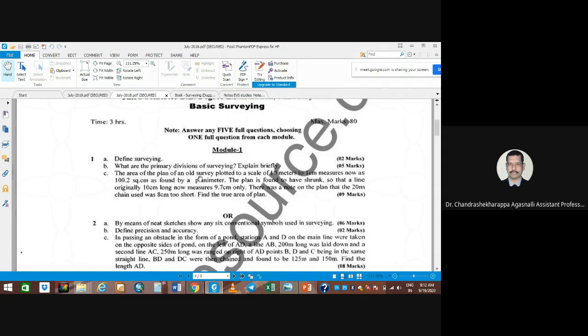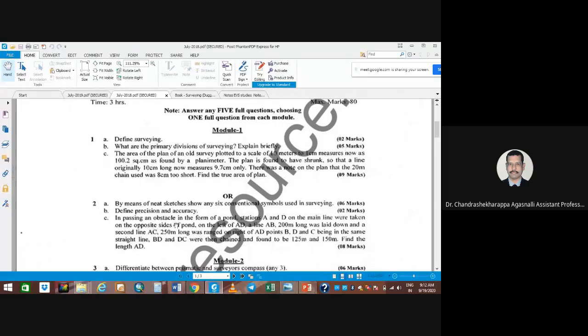And the other one is passing obstacles in the form of ponds, stations, and lines. Main lines were taken. These are obstacle problems, and this type of problem arises when you are stretching the chain, where the length may increase or decrease. That is another type.